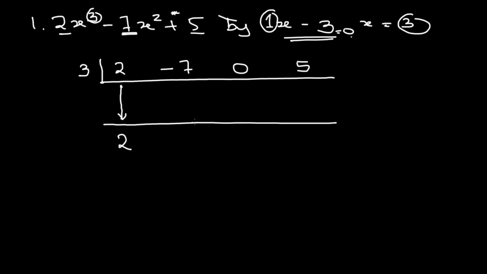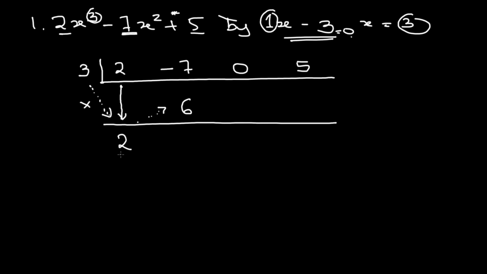Then the next step that we do is that we're going to multiply this with that, and then the product of that multiplication will come and be here. So 2 times 3 is going to be a 6.